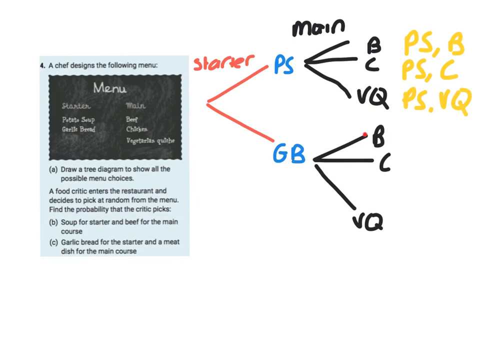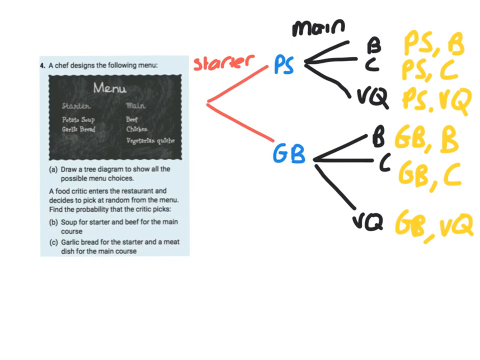Let's say they had garlic bread and beef, we'd have GBB. If they had garlic bread and chicken, we'd have GBC. And if they had garlic bread and vegetarian quiche, we'd have GBVQ. So they're all my outcomes there.